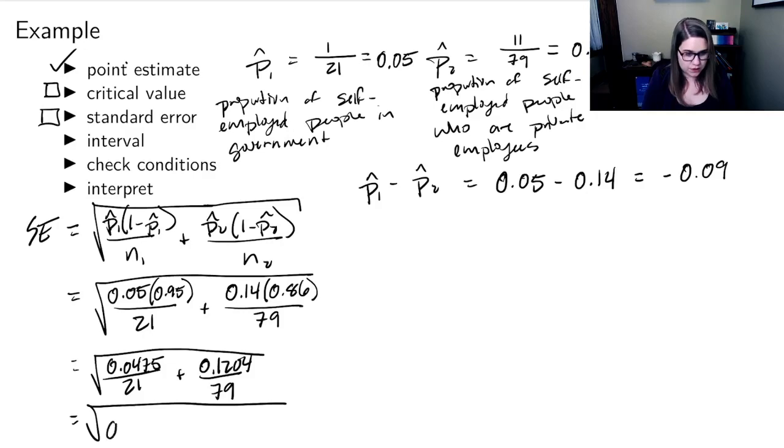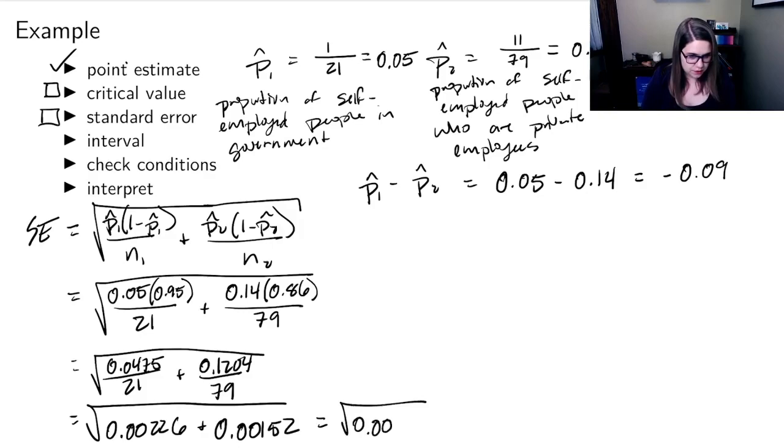Square root of 0.00226 plus 0.00152. It's going to be the square root of 0.00378, or 0.06 approximately. So that is my standard error.